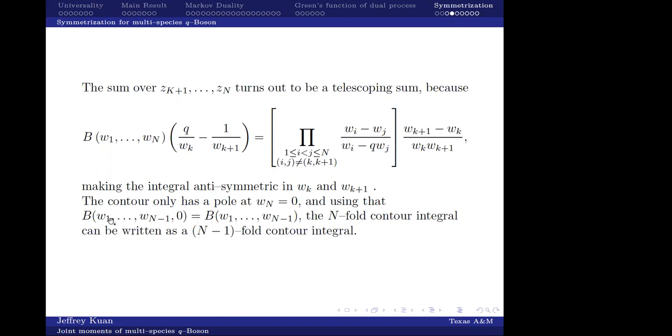And then B evaluated with the last variable at 0 is just another B. So each time you do a sum, it reduces an n-fold contour integral to an n-1-fold contour integral, and the next time reduces this to an n-2-fold contour integral. Eventually you get a sum of k-fold integrals up to n-fold integrals.